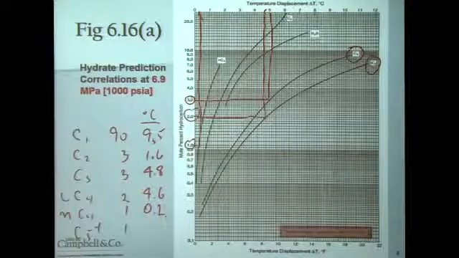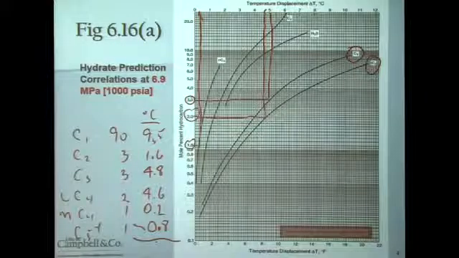And we find, and you will find when you attend a G4 session, that the C5 plus is actually a hydrate inhibitor. What it does is it subtracts the contribution, or lowers the contribution to the hydrate formation temperature, and in fact we end up with a negative number, negative 0.8.